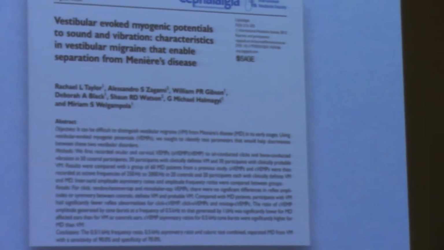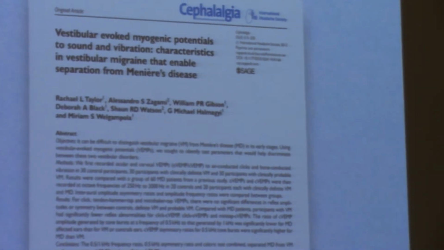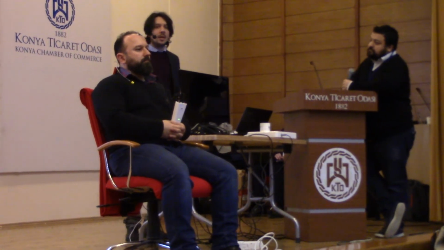Now, the typical approach used in the diagnosis of VEMPs is in the time domain. Time domain means I check whether my complex is coming at the milliseconds I expect, and I check the amplitude, which is the main parameter I need to check.